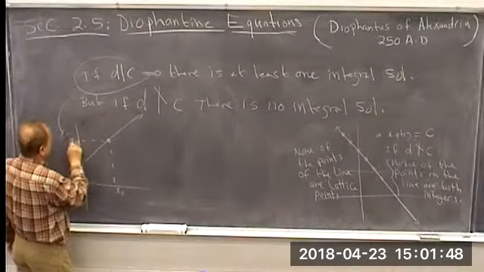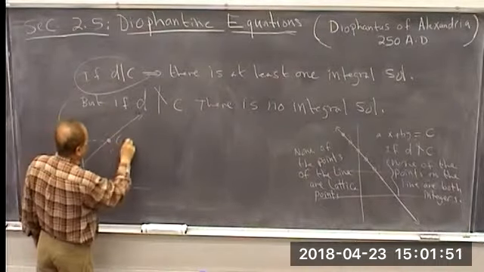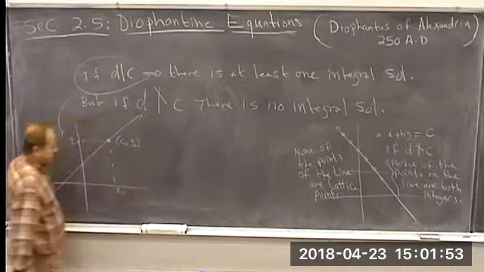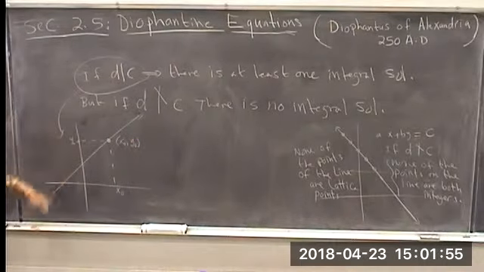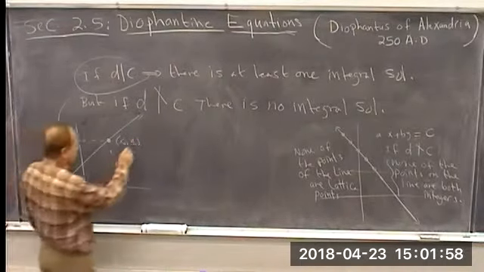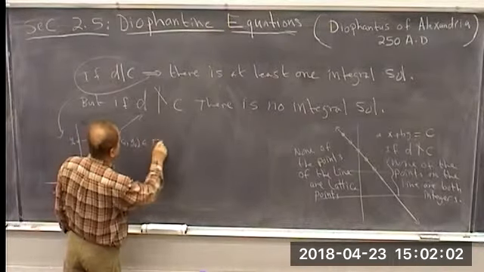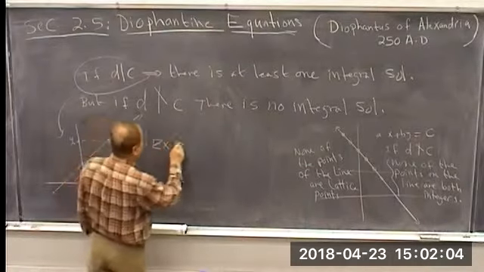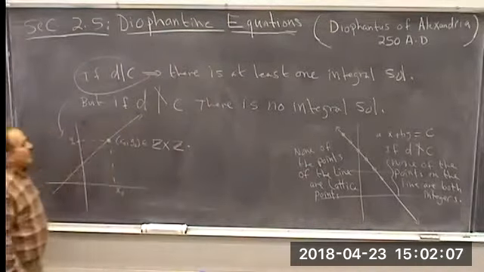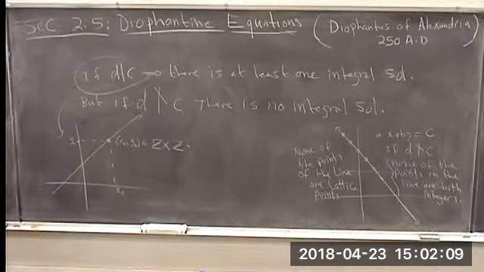It's x sub 0, y sub 0, where both the x and the y coordinates of the point on the line are integers. Now the question is, are there any others other than this? In fact, there are infinitely many. And that is what we would like to prove.